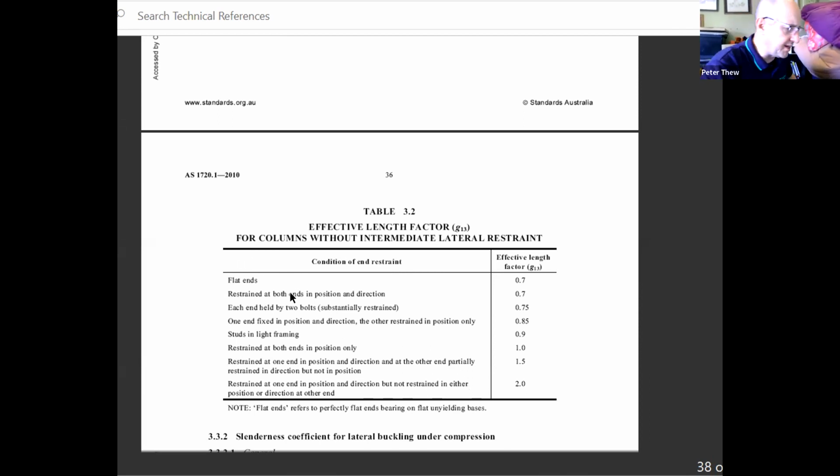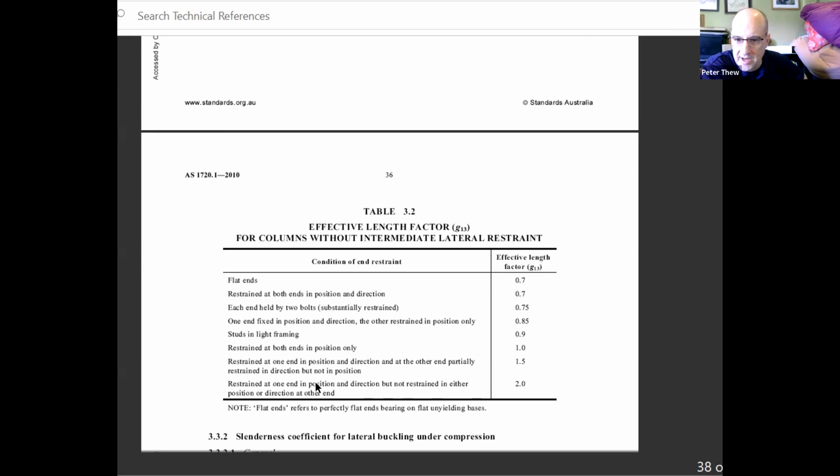You'll find very similar conditions in the steel code as well. If your column has flat ends, that's effectively a rotation restraint, so your G13 factor is 0.7. If it's restrained at both ends in position only, like my hands like this, my hands can't move sideways, it's restrained only, but not restrained from rotation, then your G13 factor is 1.0.